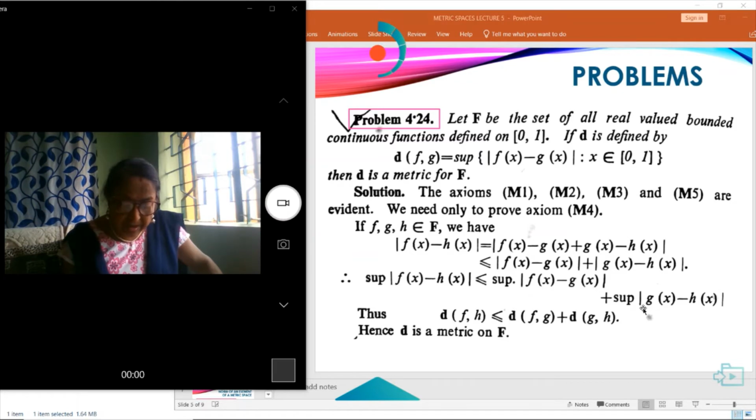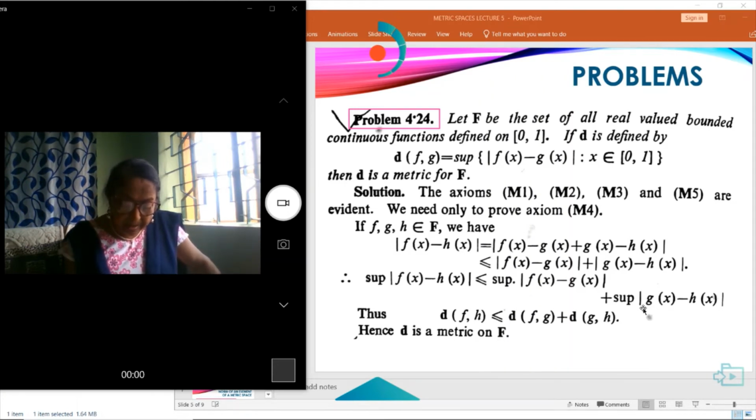Let f, g, h belong to F. f(x) minus h(x) can be written as f(x) minus g(x) plus g(x) minus h(x), which can be written as shown on your screen. So d(f, h) is less than or equal to d(f, g) plus d(g, h).